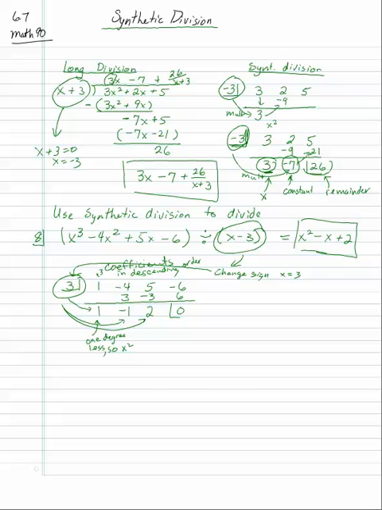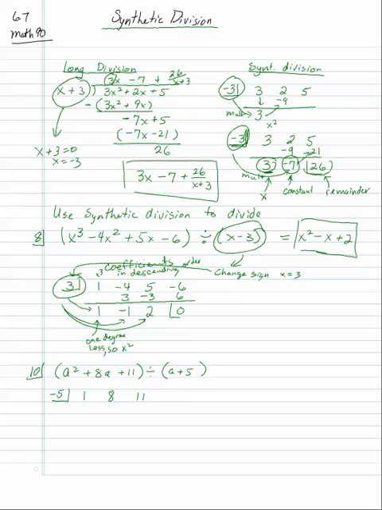See, pretty simple. Let's try another one. a squared plus 8a plus 11 divided by a plus 5. So we're going to go 1, 8, 11.